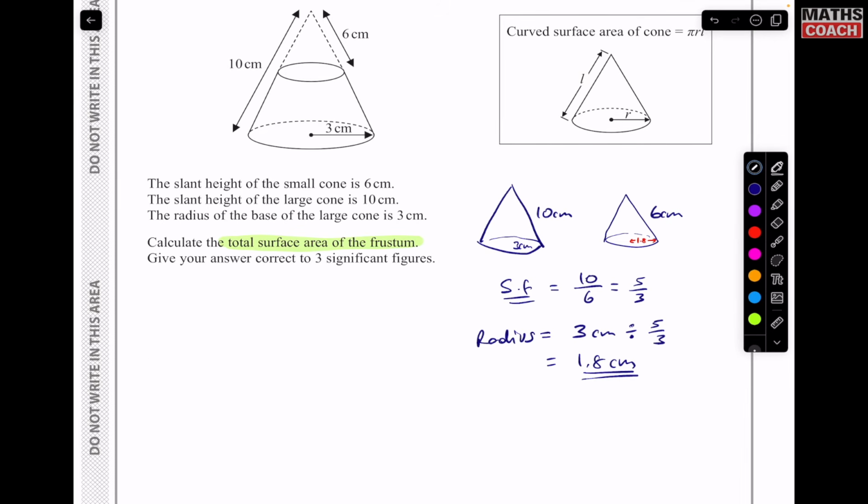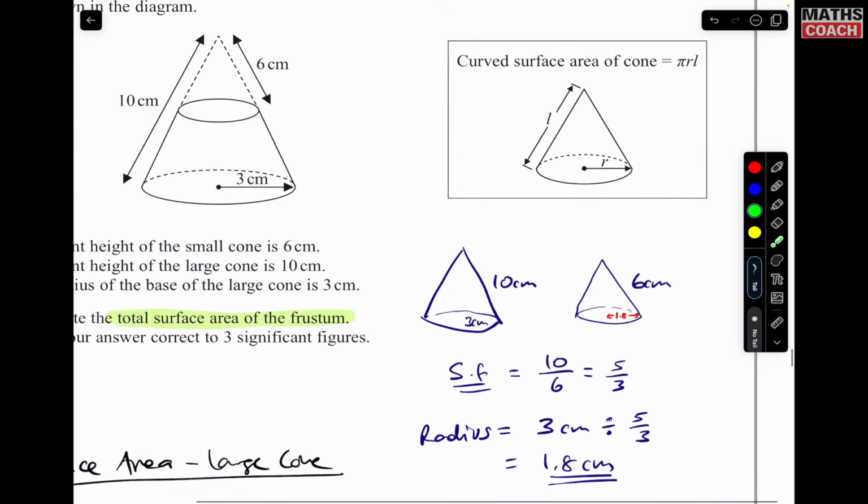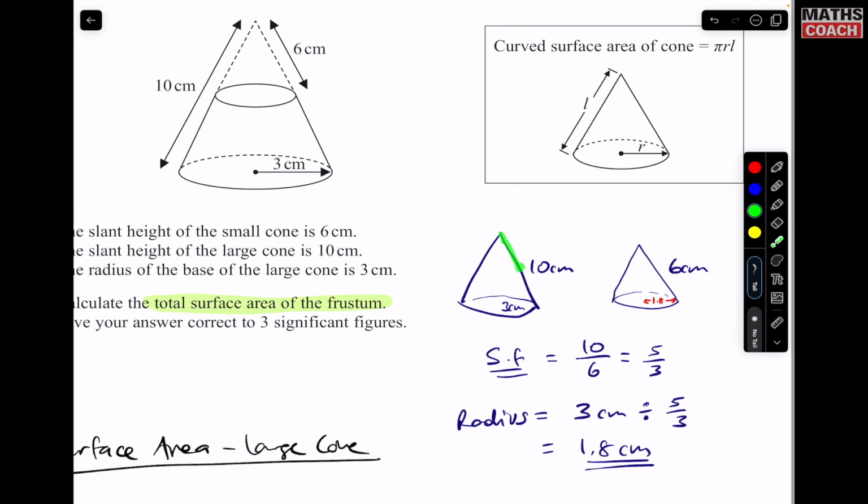So let's write it here. Surface area of large cone. Now the formula for surface area is right there. It's the curved part. So we're going to work out the large cone, the curved part right there, plus the bottom. But for this one we won't work out the bottom, and I'll explain why later.